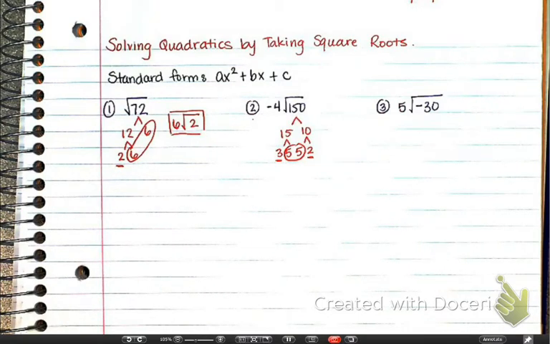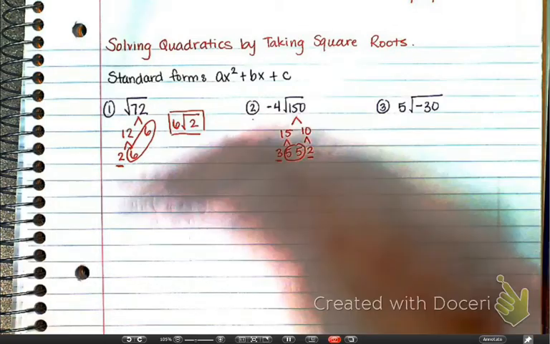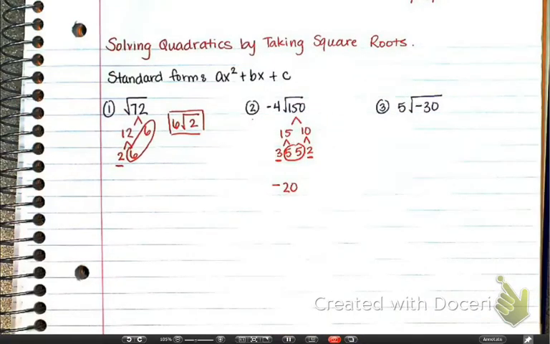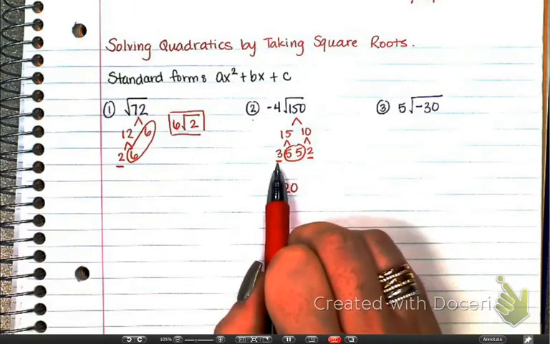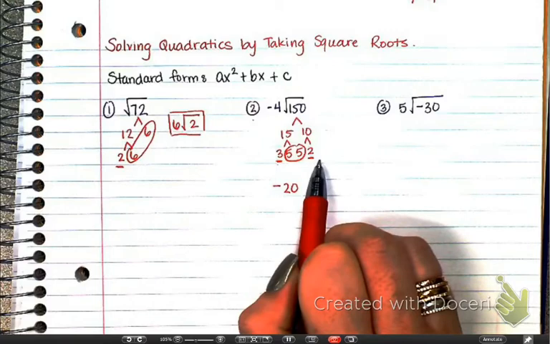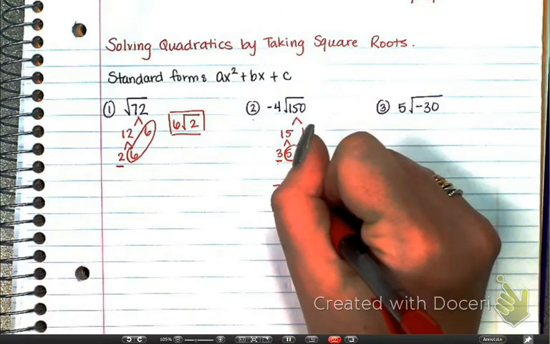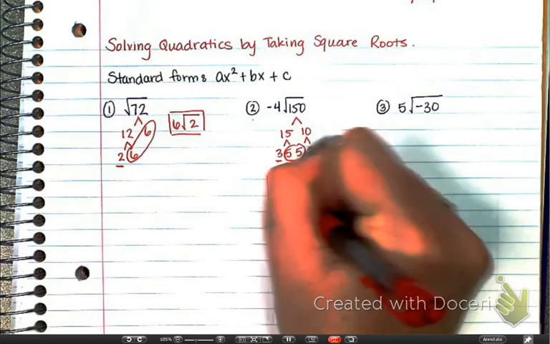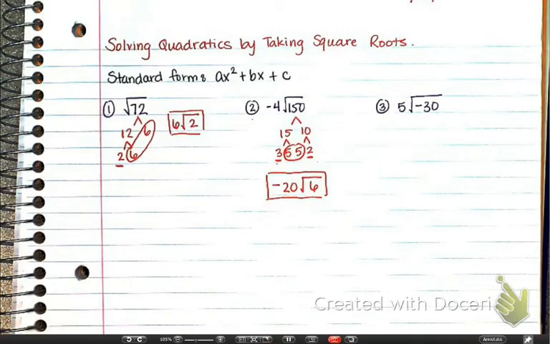That 5 is going to come outside what's already there, though. -4. So -4 times 5 is -20. And then I have a leftover 3 and a leftover 2. 3 times 2 is 6. Okay.